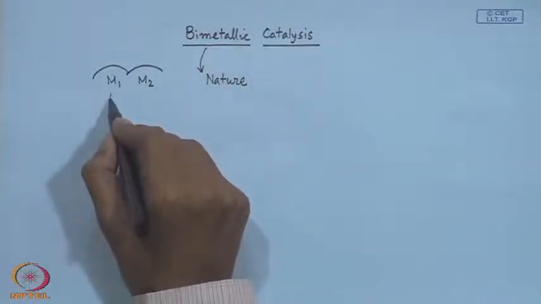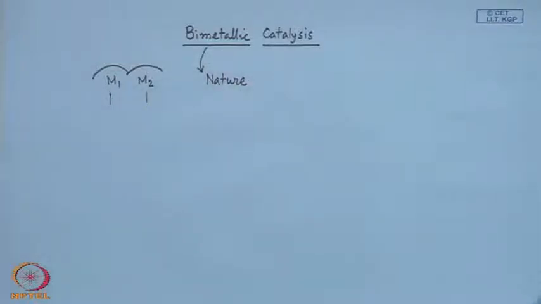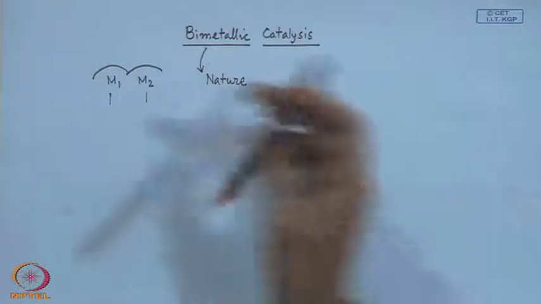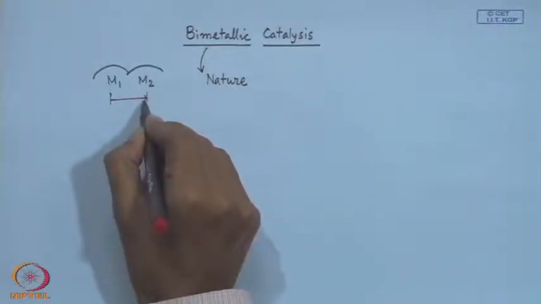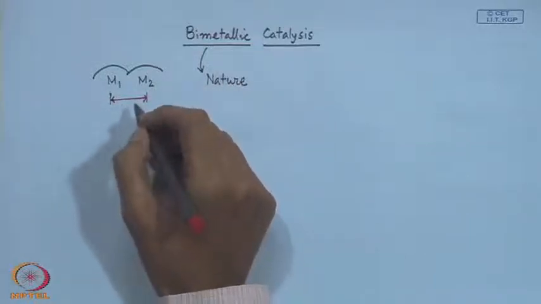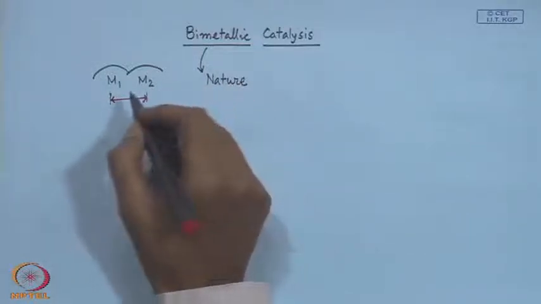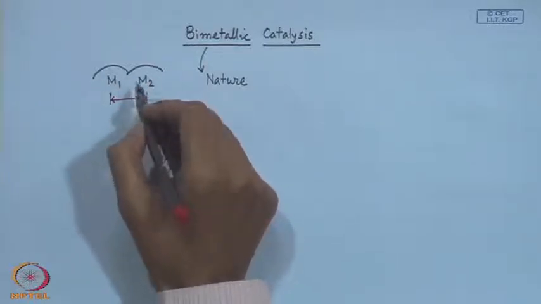And one important aspect for that catalysis would be how you place two metal centers. It can be two iron centers or it can be two nickel centers, because today we will see some synthetic molecules where two nickel centers are present.